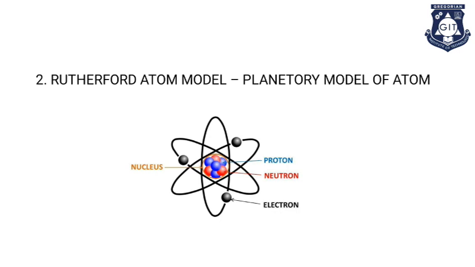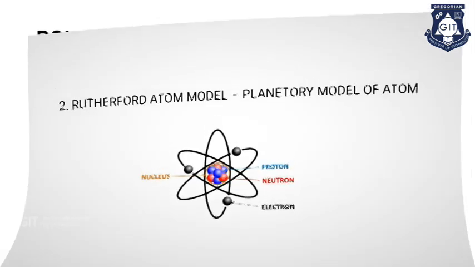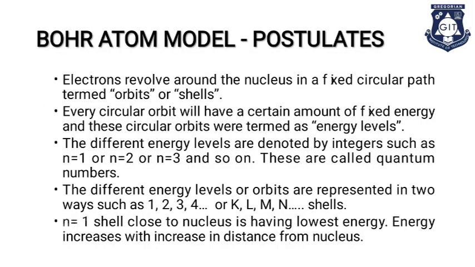The next atom model was proposed by Niels Bohr, and the Bohr atom model was based on the following postulates. In Bohr atom model, the electrons revolve around the nucleus in a fixed circular path termed as orbits or shells. These circular orbits will have a certain amount of fixed energy, and so these circular orbits are also termed as energy levels.